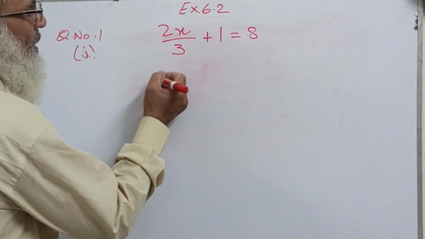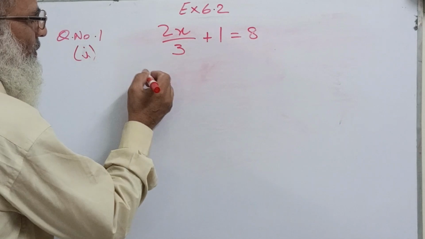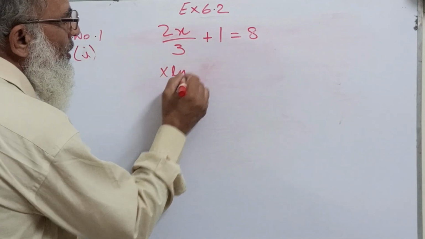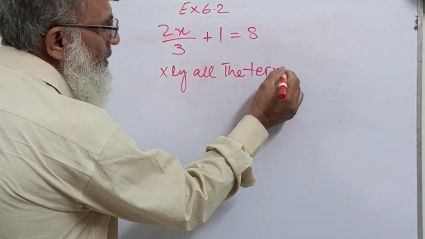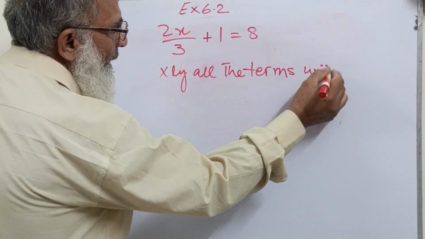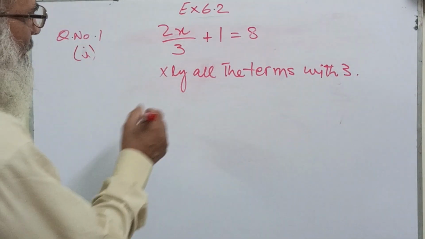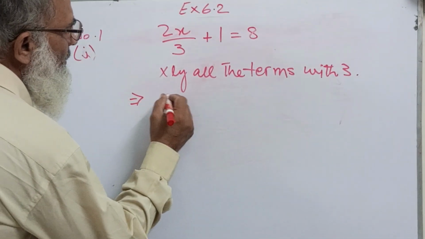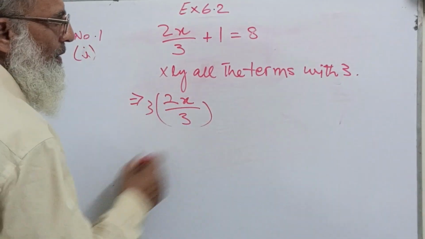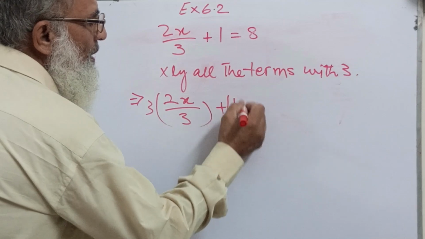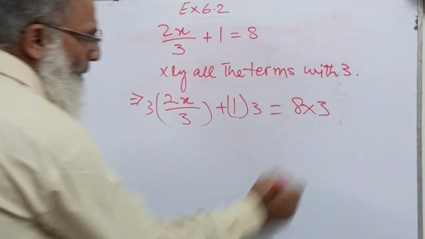We'll multiply all the terms with 3. It will become 2x divided by 3, 3 plus 1 multiplied by 3, and 8 multiplied by 3.